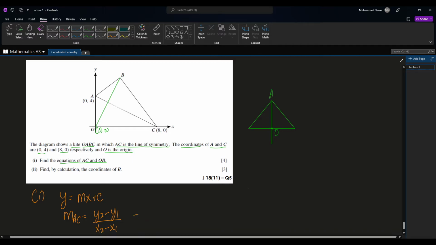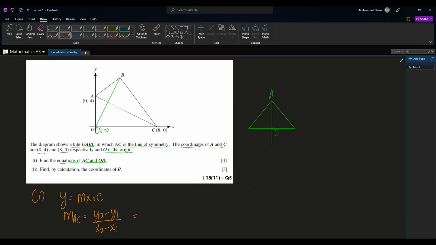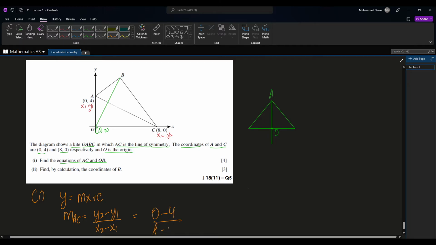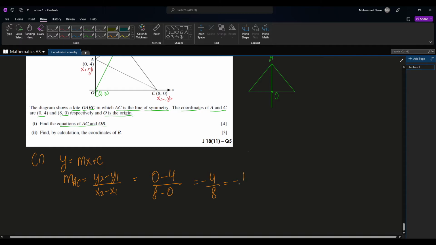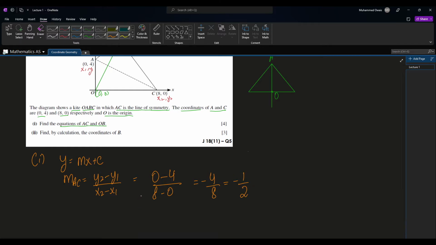So x1 is 0, y1 is 4, x2 is 8, y2 is 0. Thus it becomes 0 minus 4 over 8 minus 0, so this becomes minus 4 over 8. So the gradient of line AC is minus 1 over 2.